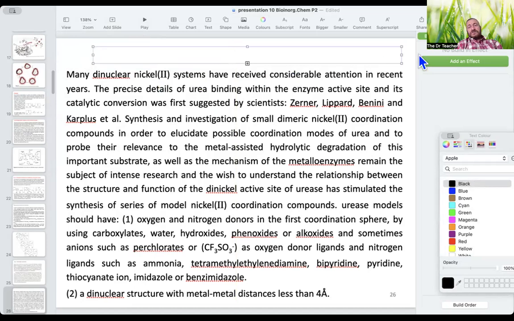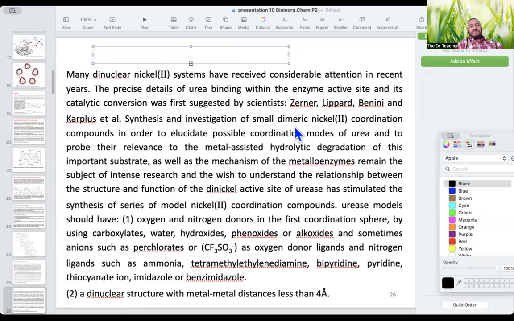So I'm talking about the active site, and many dinuclear nickel 2 systems have received considerable attention in recent years. The precise details of urea binding within the enzyme active site and its catalytic conversion, this is important, were first suggested by scientists Zerner, Lippard, Benini, and Karplus et al.